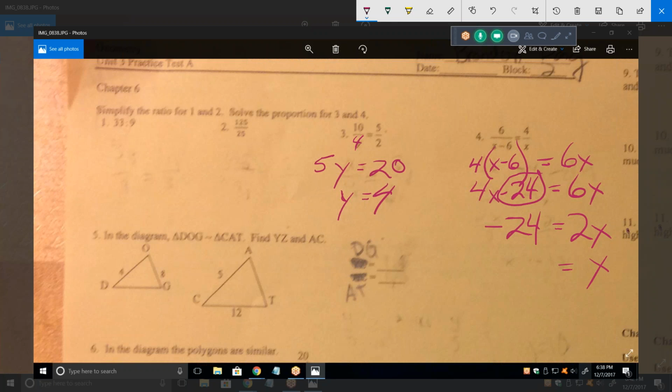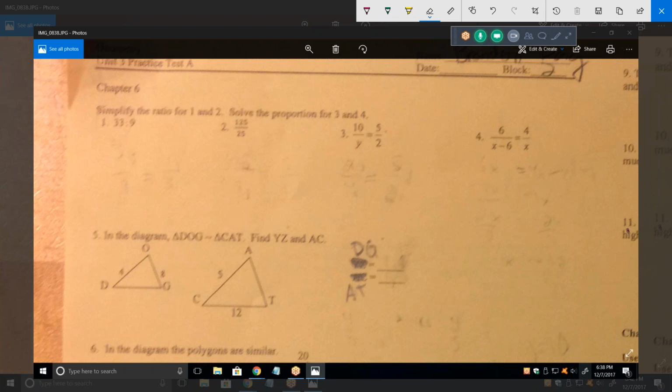Okay, so what is it? So what's the answer? Yeah. And I'm not sure we have to necessarily answer it, but does negative 12 work for that?